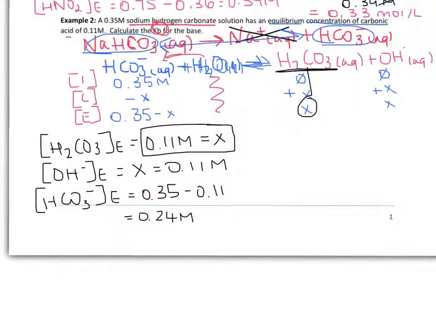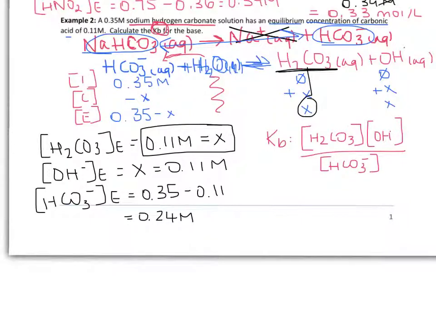0.24 molar. We can now write our Kb expression, products over reactants raised to the power of their coefficients, not including water, of course. And we can plug in the equilibrium concentrations that we have found, as that's the only thing that you can plug into an equilibrium expression.